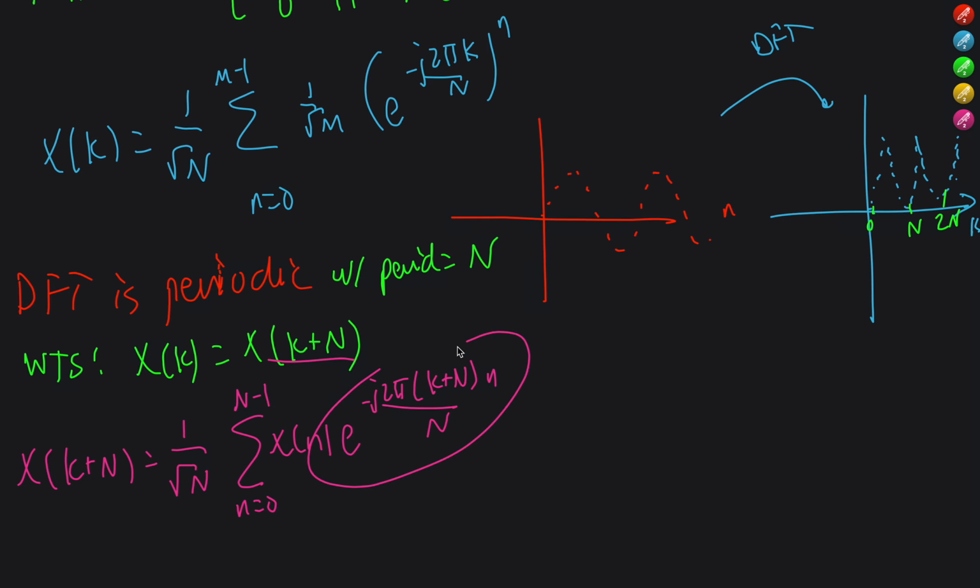What is this? It's a complex exponential. Let's write this as 1 over root N, sum from n equals 0 to N minus 1 of x of n, e_k[n] conjugate. We did that in the last video as well.